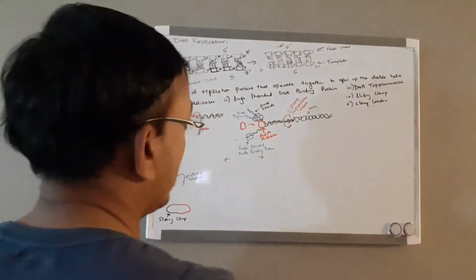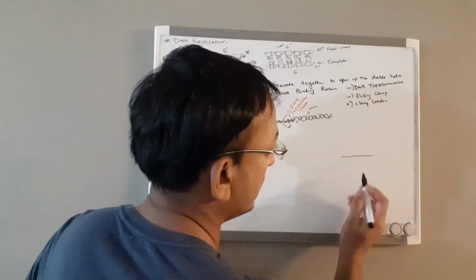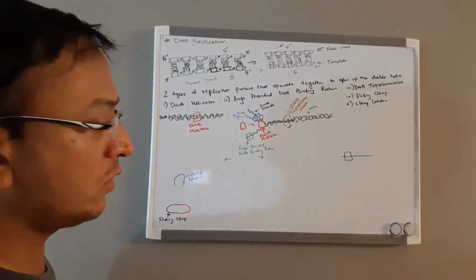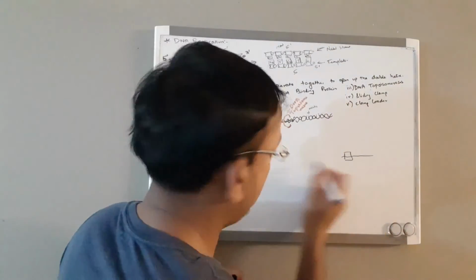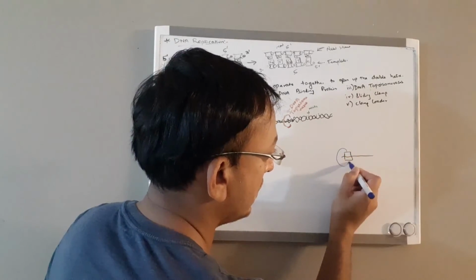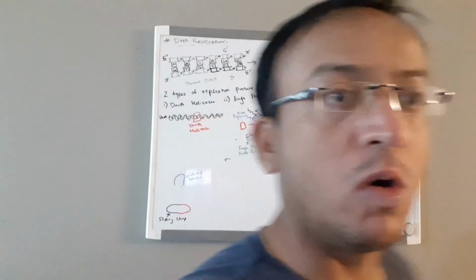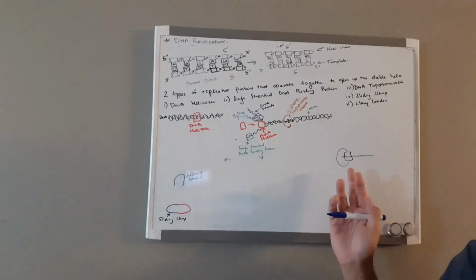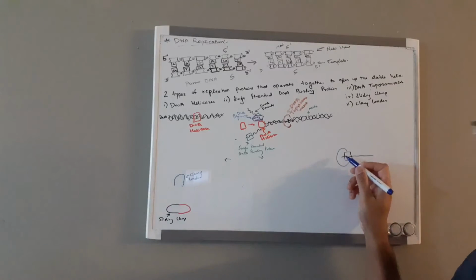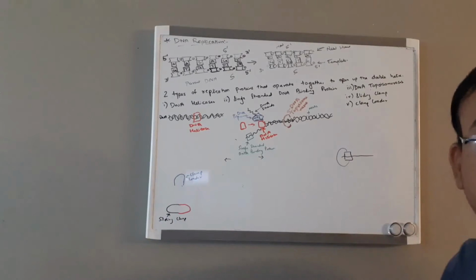I'm not sure I can make that picture, but let's make this. For example, this is our polymerase. This sliding clamp holds the back of it. This ring binds to the back of the DNA polymerase, and the whole ring slides freely along the DNA.